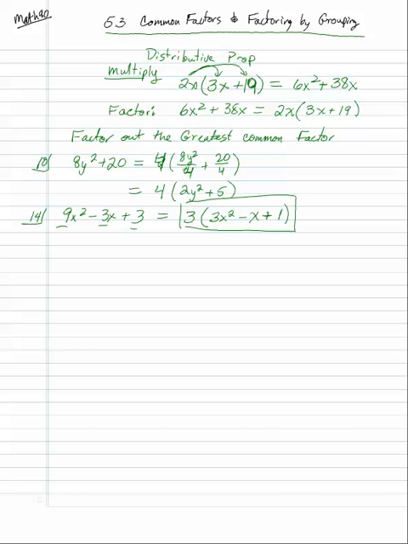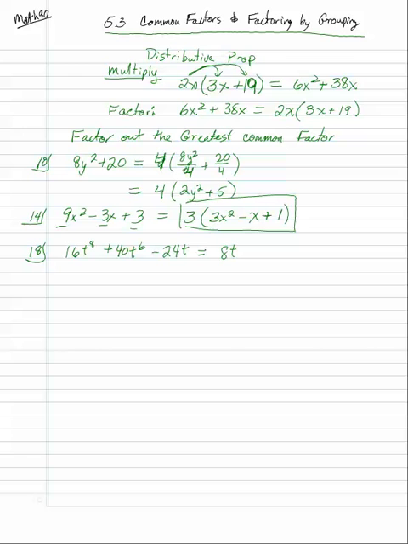Alright, let's try another one. Number 18. Okay, so let's see. So we figure out what divides in the numbers. 8's the biggest one. So we got 8. And then they all have a t. And you take the lowest. For greatest common factor, you take the lowest power that's common to all of them.